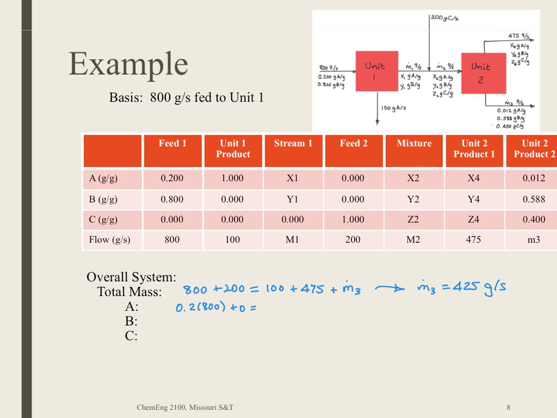And the A that leaves, well, all of product 1 plus X4 times 475 plus 0.012 times M3. Now I know M3 at this point, so I can solve for X4. Okay, and doing that, I find that X4 is 0.1.